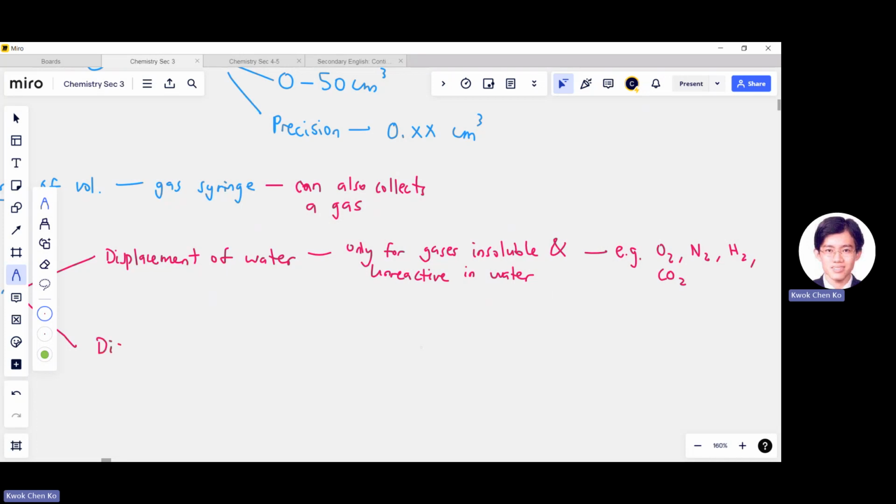Now, the second method is what we call displacement of air. Under this, you have outward and downward delivery.